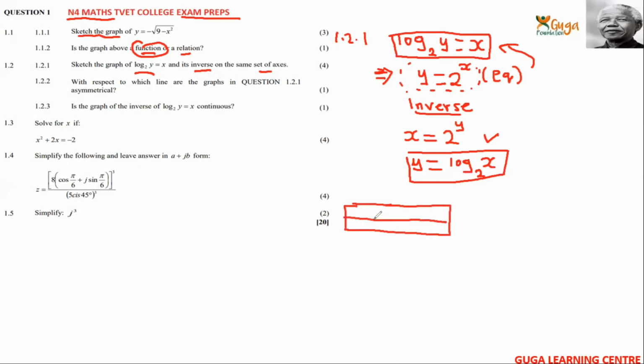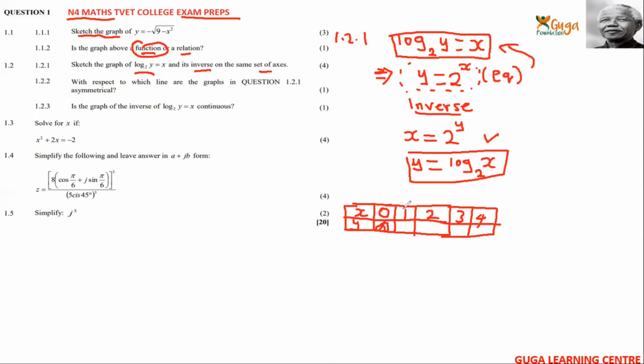Okay, let's say we're going to have 0, 1, 2, 3, and 4, right? And this is our x, and this is y. So here you're going to have undefined, right?